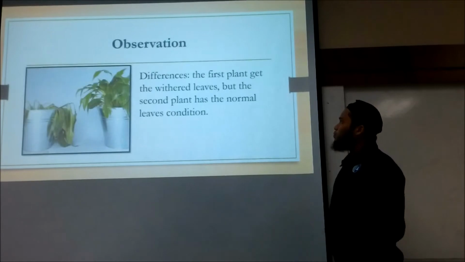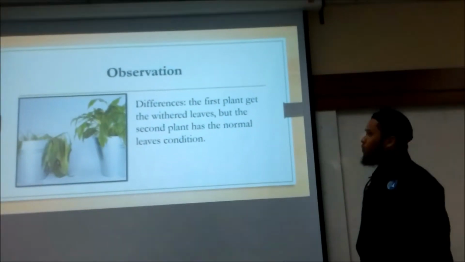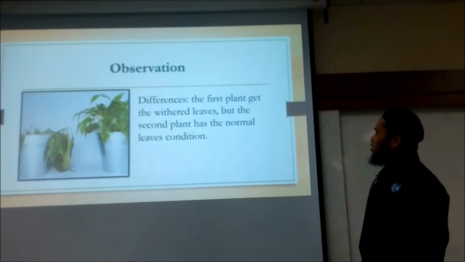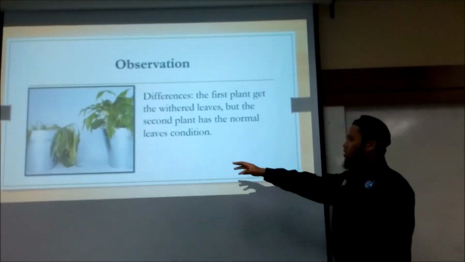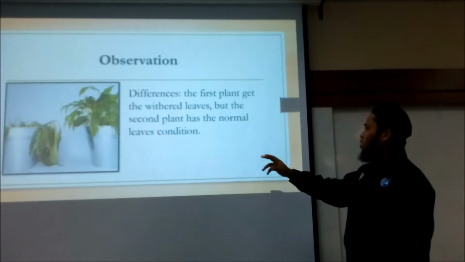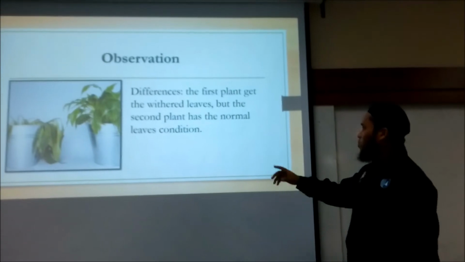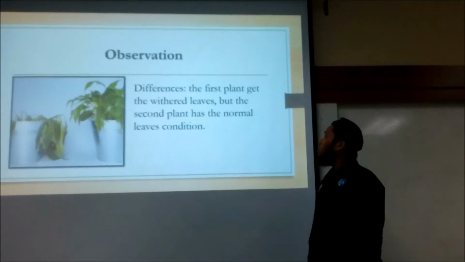And next, the two plants. The first plant has withered leaves, but the second plant has normal leaf condition, and that is because the first plant does not have enough light, and the second plant has enough light, nutrients and water.